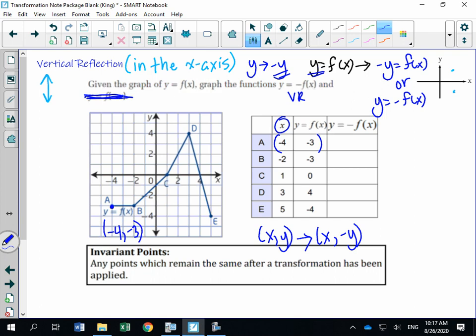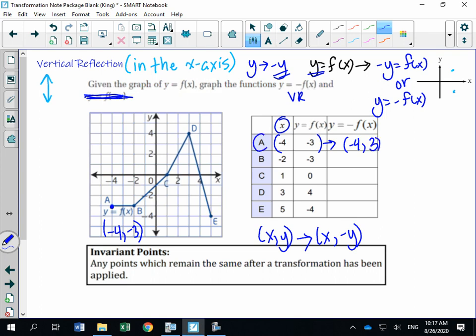What is the new coordinate going to be when this undergoes a vertical reflection? The only thing that changes is the y coordinate. You always give the opposite y coordinate, right? So for negative 4 comma negative 3, the new coordinate would be negative 4 comma 3.